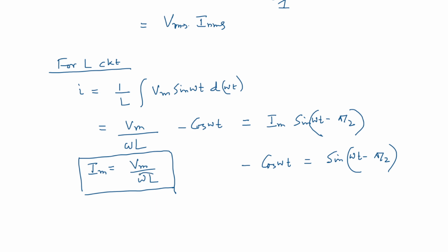So this something must be an inductive quantity. Current is equal to voltage divided by something, voltage unit is volt, so this must be ohm. This omega L must have unit ohm, otherwise it cannot give current as the output.